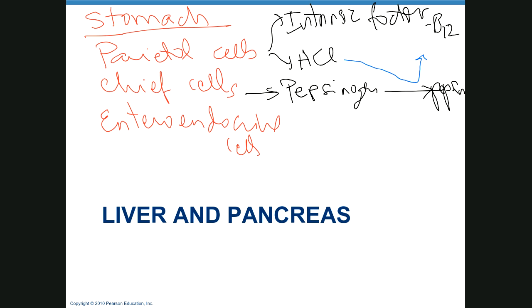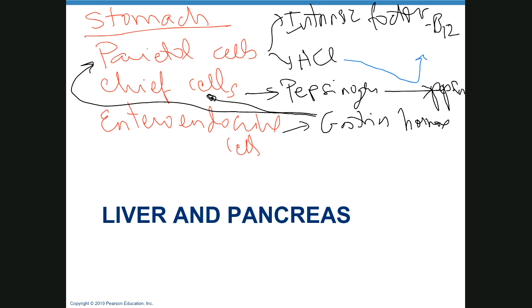Enteroendocrine cells secreted gastrin, which is a hormone that would stimulate chief cells and parietal cells. Enteroendocrine cells also secreted histamines, which are not hormones. These are going to be paracrine secretions.